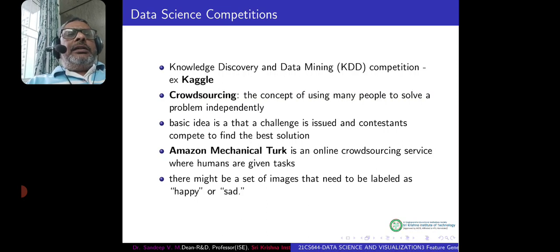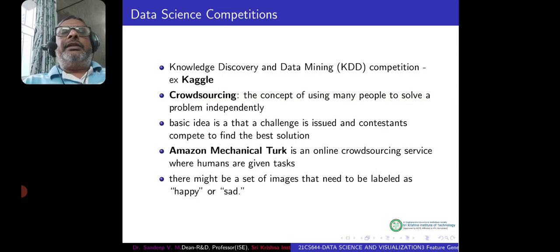There is another similar competition by Amazon. Amazon Mechanical Turk is an online crowdsourcing service where humans are given tasks, and these tasks might be a set of images that need to be labeled as happy or sad.